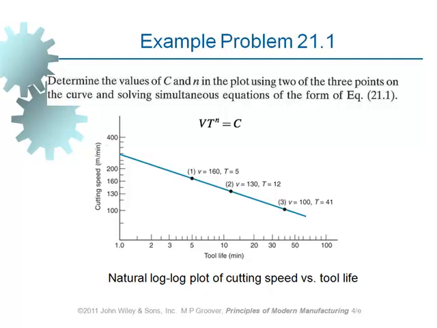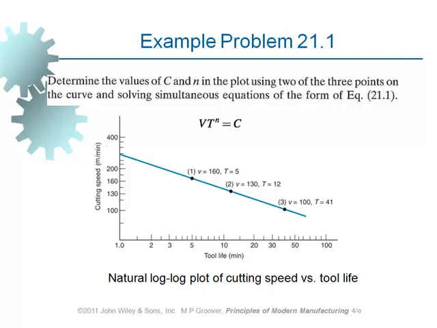There is a curve here, establishing a relationship between values of cutting speed and tool life, V and T. And it is linear in this log-log plot, as you can see. For a cutting speed of 160, tool life is 5 minutes. For 100, it's 45 minutes. It's the same problem example that we had in the other slide. And when cutting speed is 130, tool life is 12 minutes.